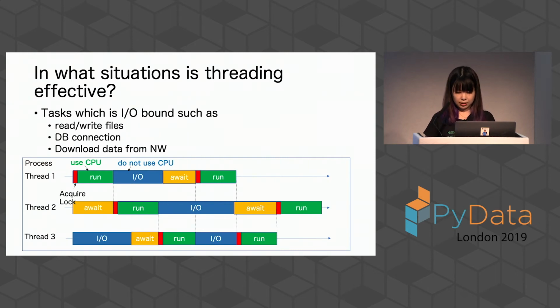CPU usage cannot overlap, but I/O processes can overlap between 2 or 3 threads. But if we use too many threads, many context switches occur, which decrease performance. So we should be careful when increasing the number of threads.